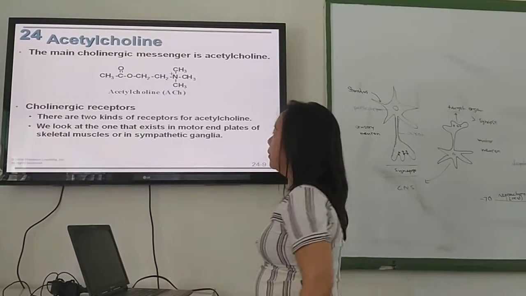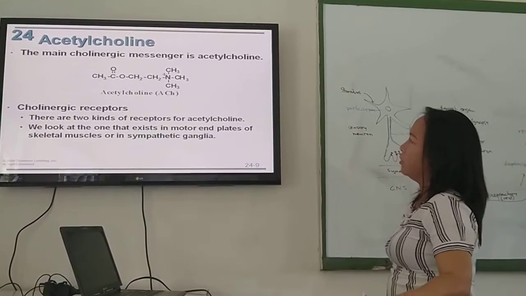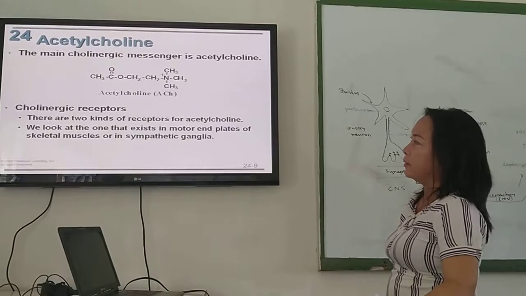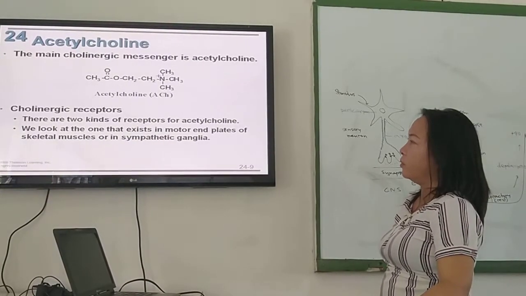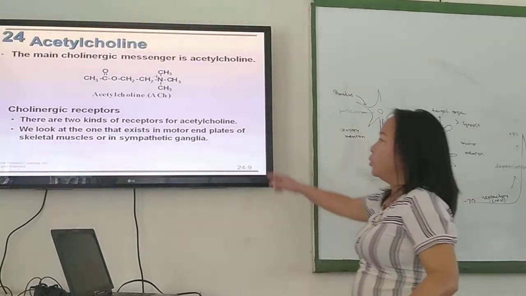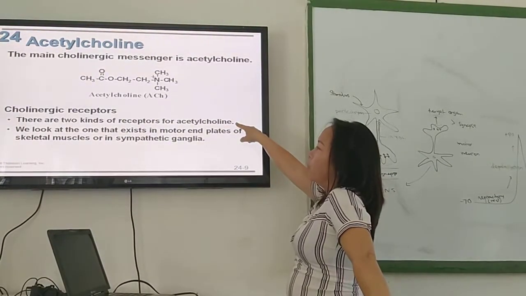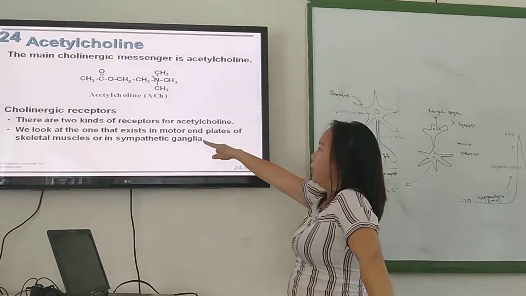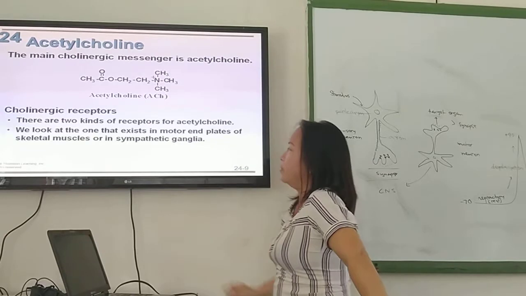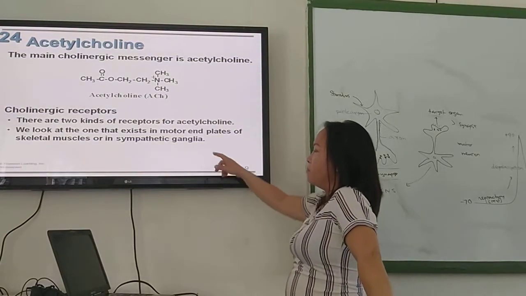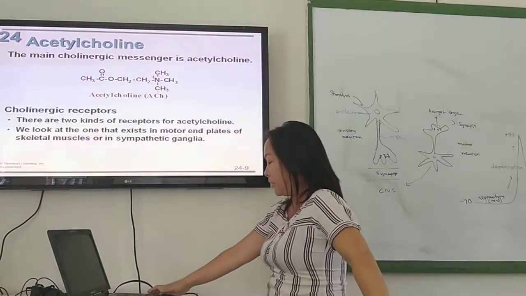Okay. Now, the main cholinergic messenger is acetylcholine. There are two kinds of receptors for acetylcholine. We look at the one that exists in motor end plates. So where is it found? In the skeletal muscle and the sympathetic ganglia of the nervous system.